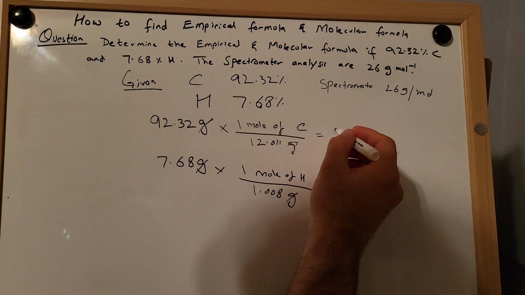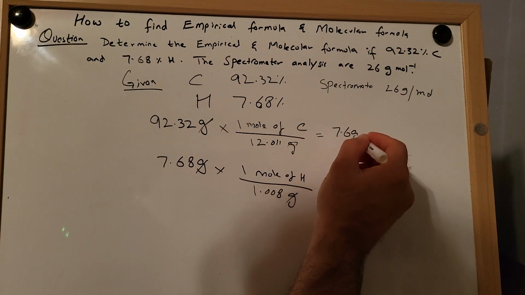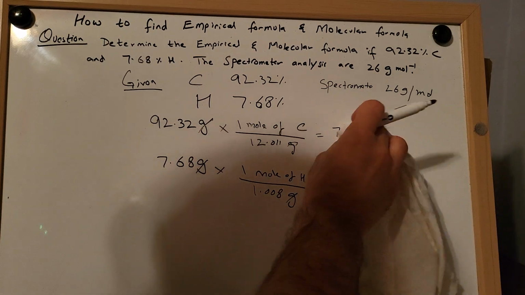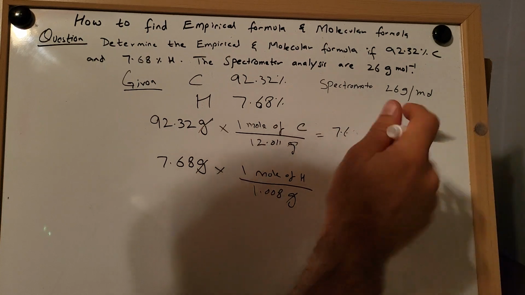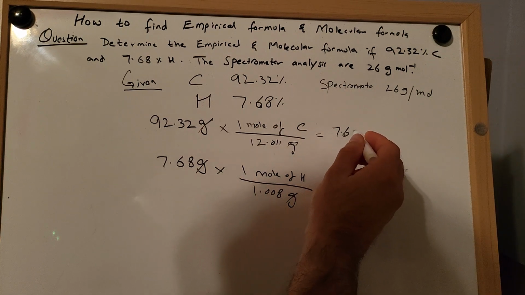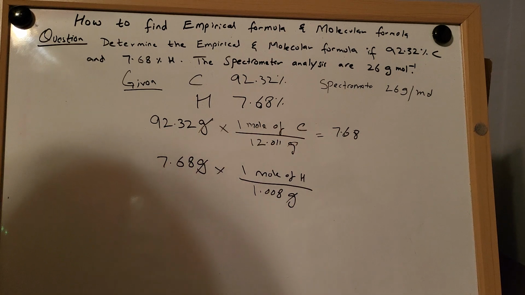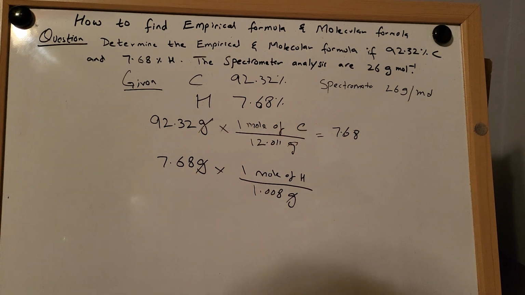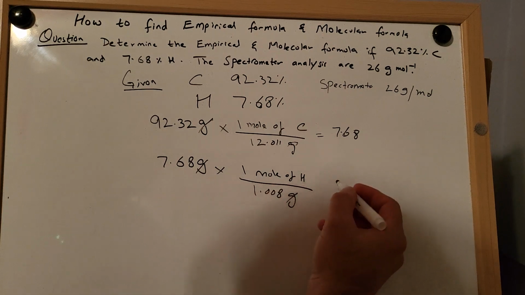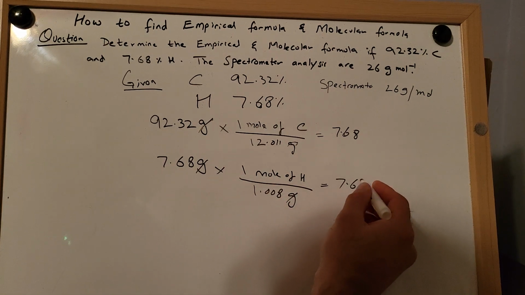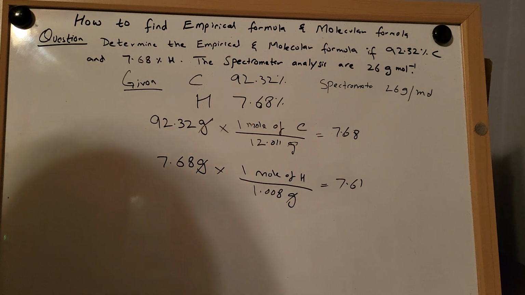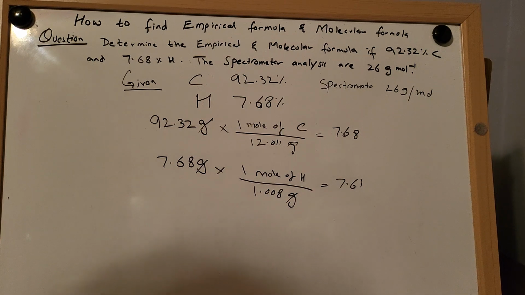And on the bottom side, 7.68 divided by 1.008, you'll get 7.61. Almost 7.6, you are getting it.